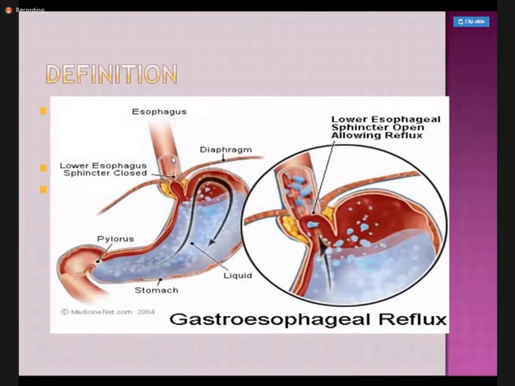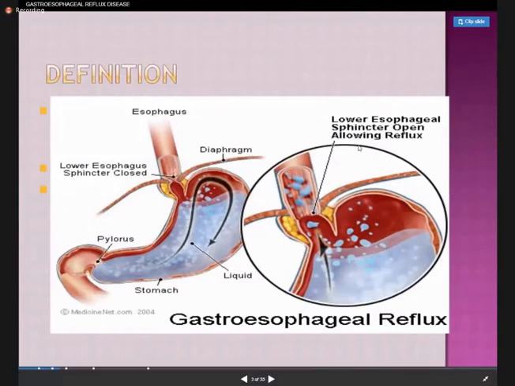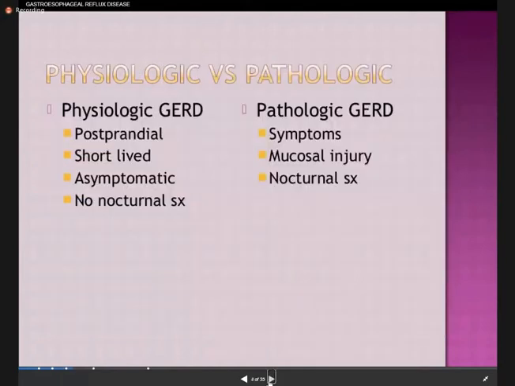Now, if the lower esophageal sphincter is open, it allows the refluxed content to go into the food pipe. Gastroesophageal reflux disease can be physiological and it can be pathological.